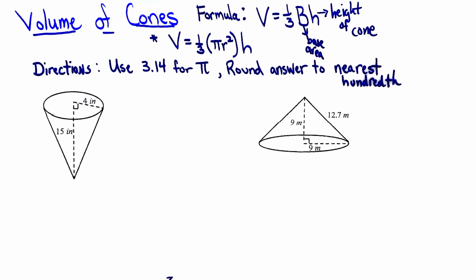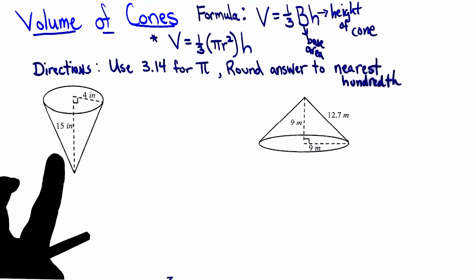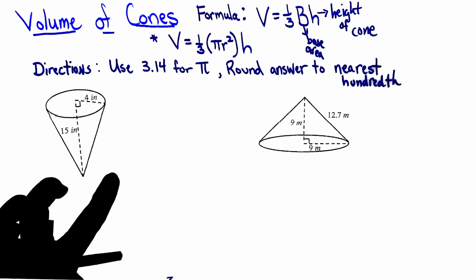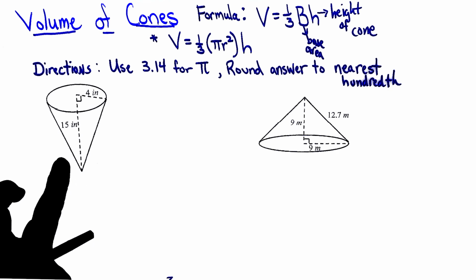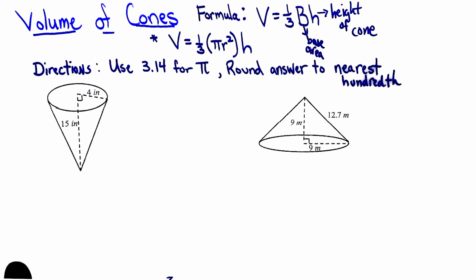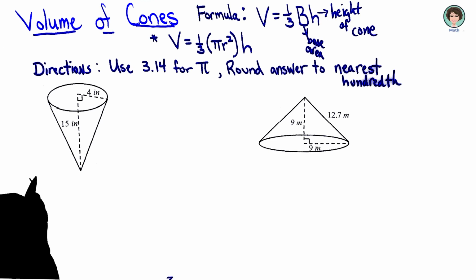And our directions are going to tell us to use 3.14 for pi and to round our answer to the nearest hundredth. Okay, so let's go ahead and get started with the first problem. I always start with writing that formula.